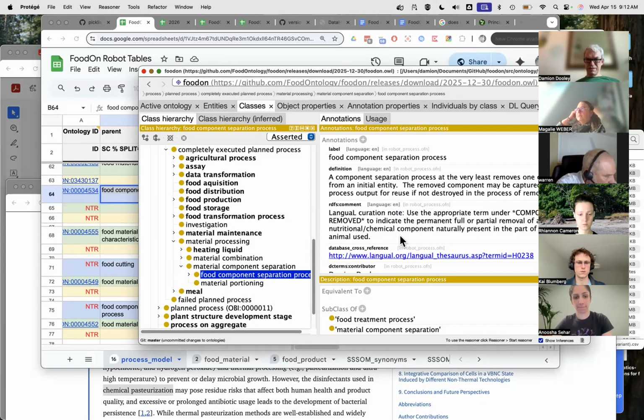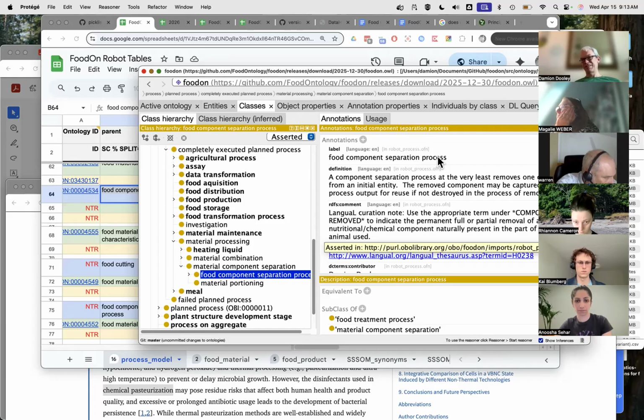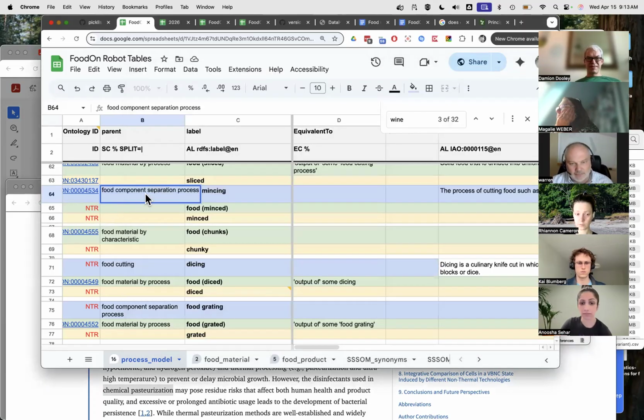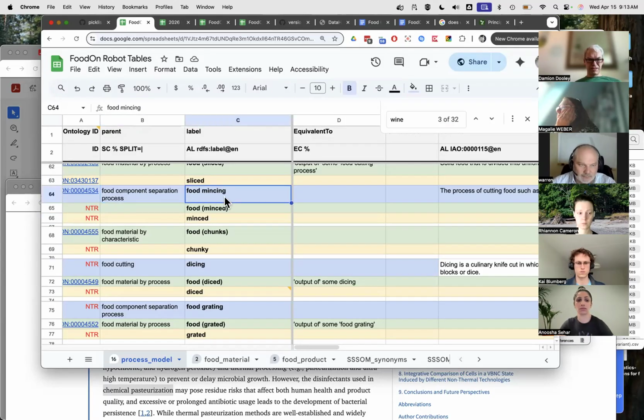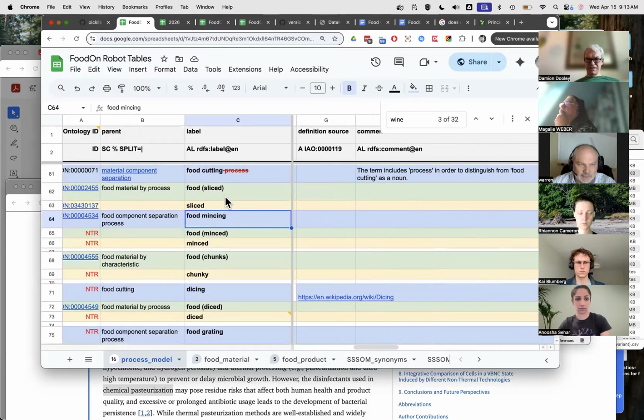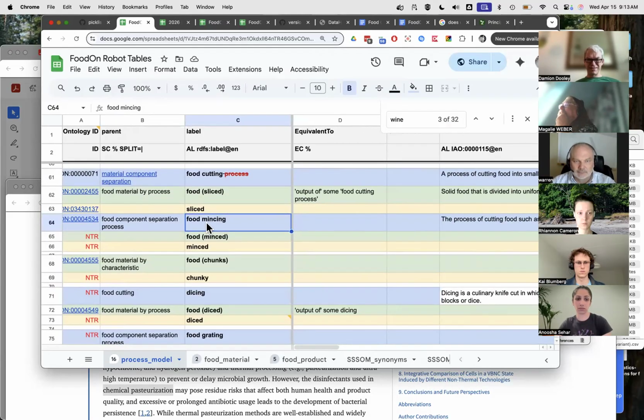So here's an example of a term, food component separation process. It's in the robot process template. It's got the word process on the end. I'd actually like to drop the word process off of it. So food mincing, where's the synonym? Is there a synonymy right now that says it's ground?